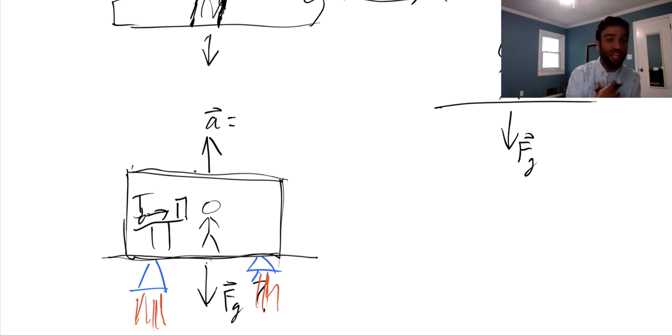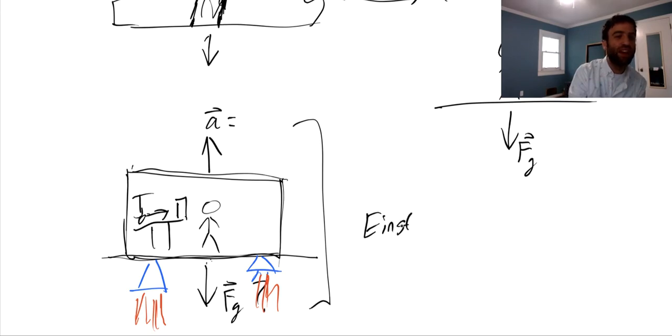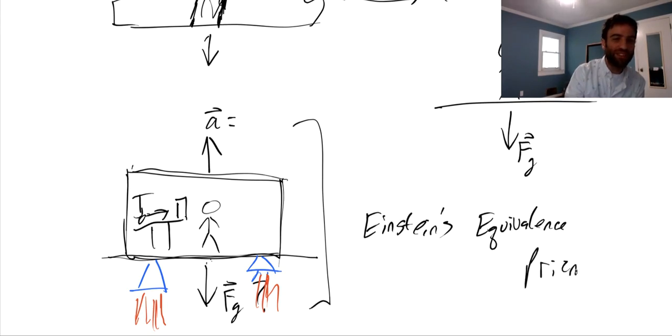And the inability to distinguish between those two things, between either there being a gravitational force or being in an accelerating frame of reference, a non-inertial frame of reference that isn't moving at a constant velocity, is actually an example of Einstein's equivalence principle, one of the foundational pieces that underlies Einstein's theory of general relativity.